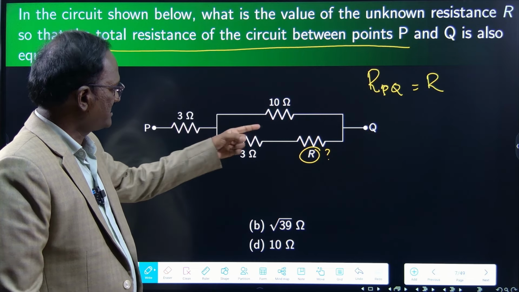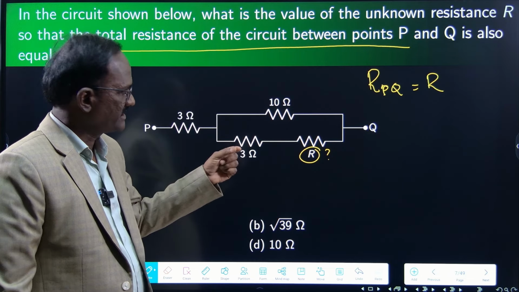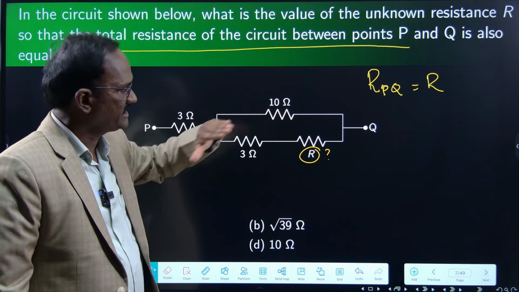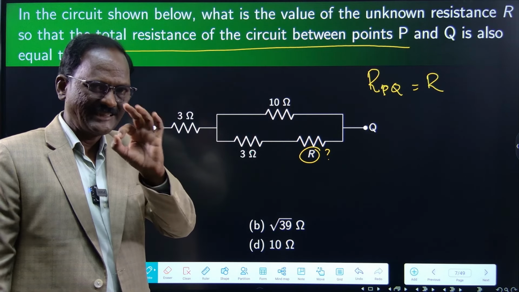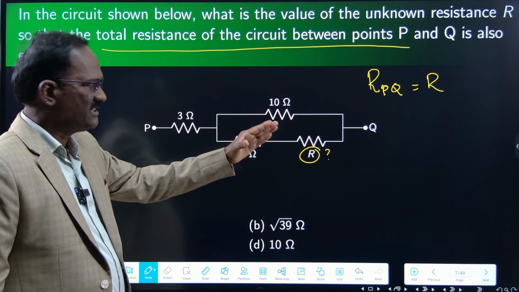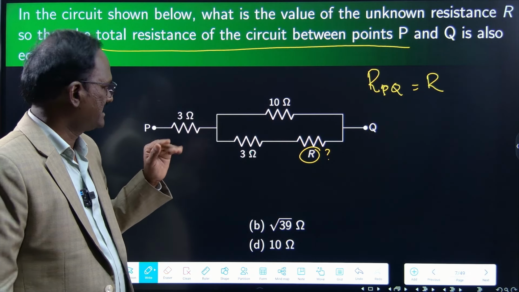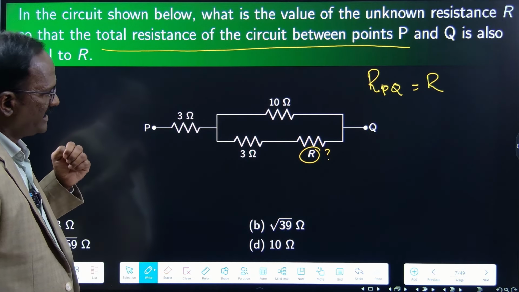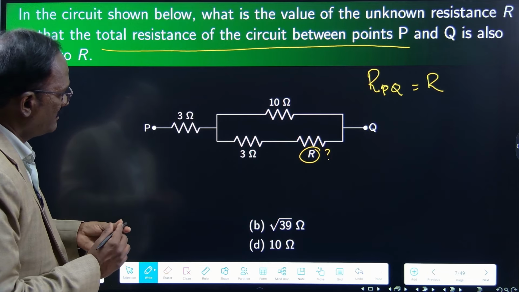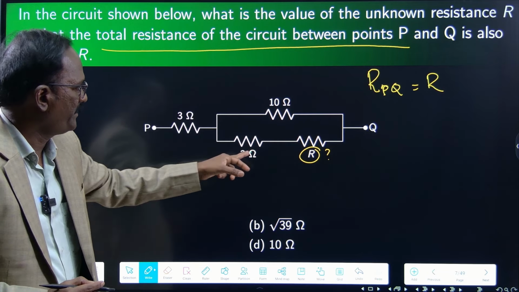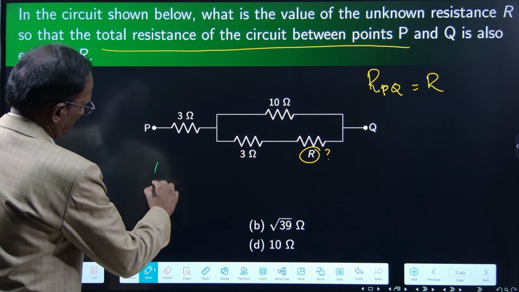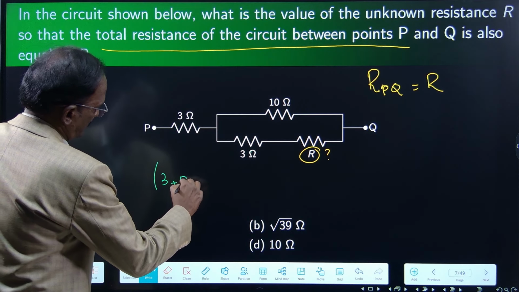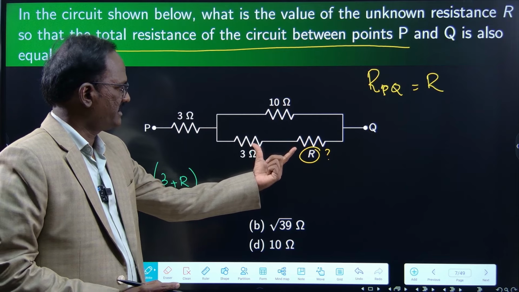So if you trace the circuit, these two are in series. For the series combination, 10 ohm comes in parallel, and this part becomes a single resistance. For that single resistance, the 3 ohm is coming in series, right? In equation form, first we will make 3 and R in series. 3 plus R. This is in series.